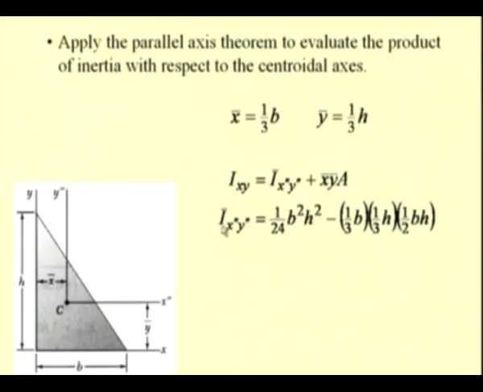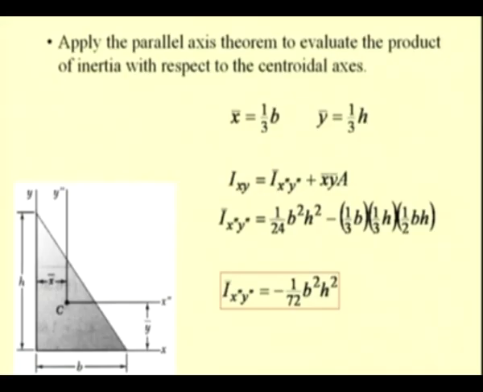From this we determine the product of inertia with respect to this centroidal axis x double prime y double prime, and that is equal to 1/72 b square h square.